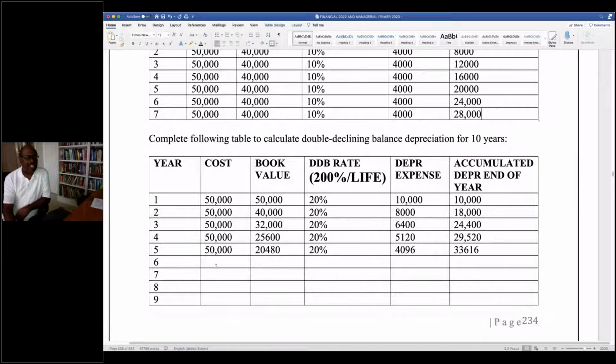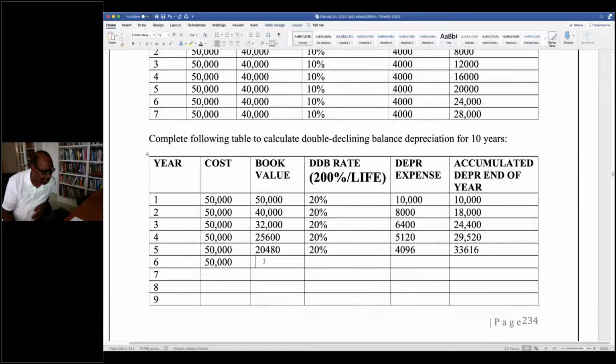Do we have year 6 done yet? I'm just stuck on the accumulated end of year. That's why I stopped there. We know this first number is going to be what? 50,000. So what's this number going to be?